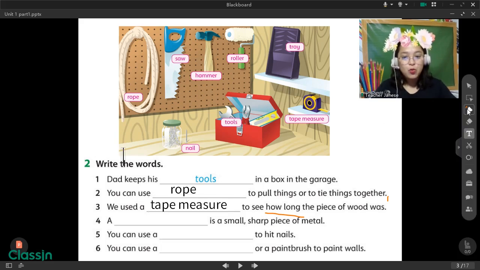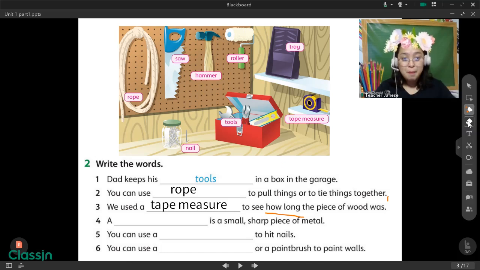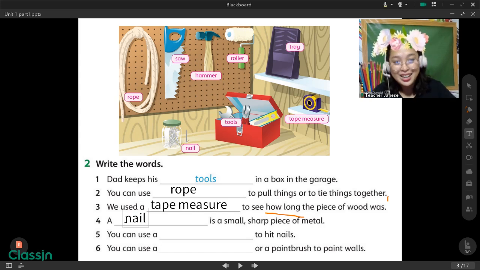Okay, number four. A blank is a small, sharp piece of metal. So the answer here is, yes, it's a nail.